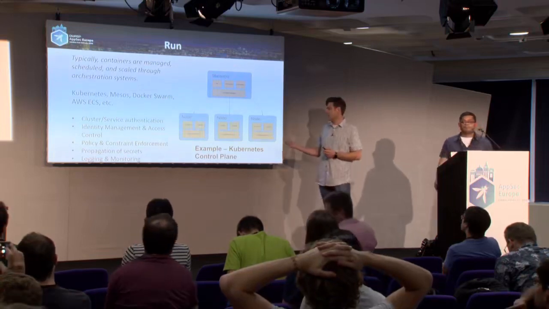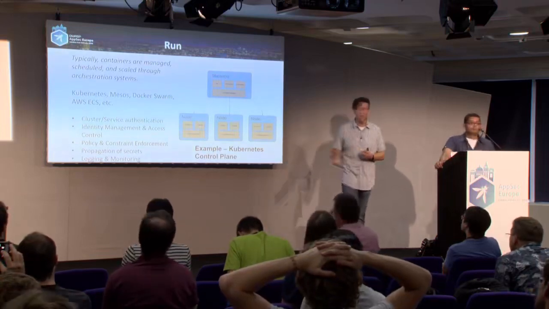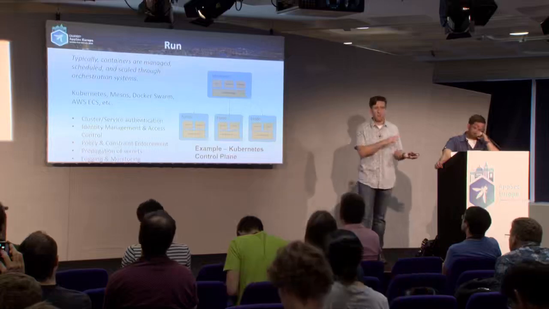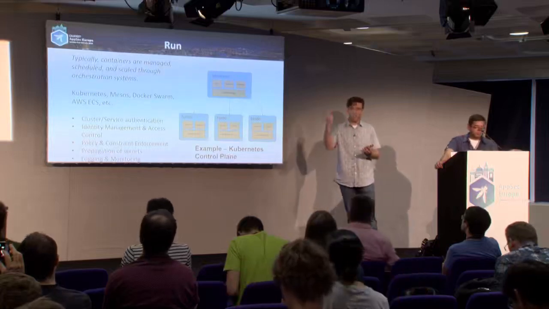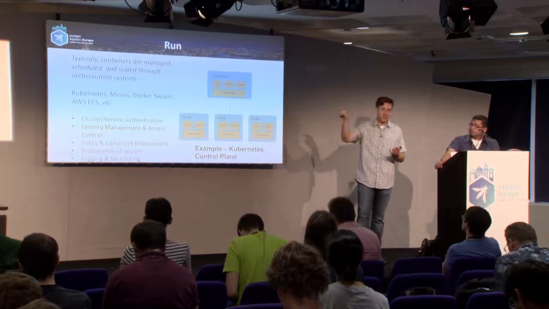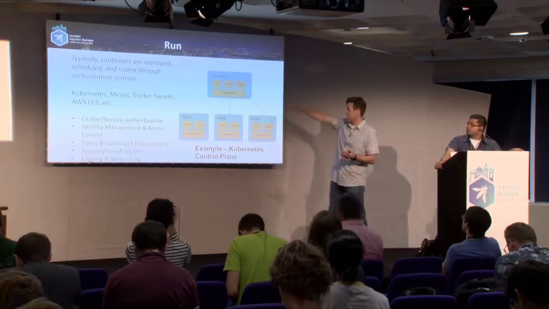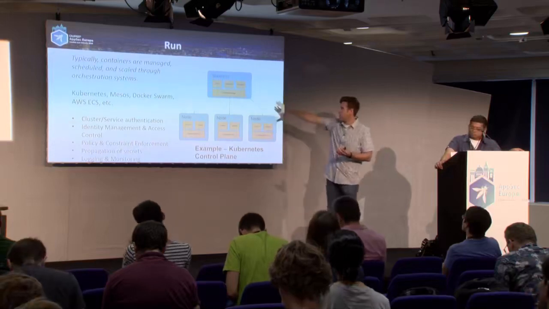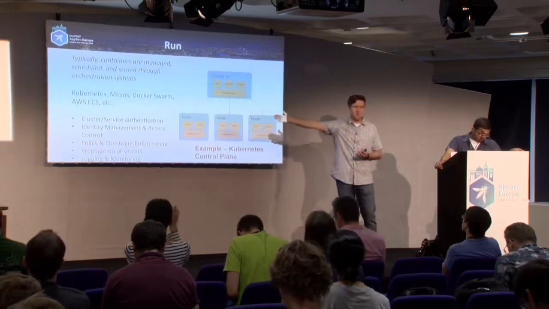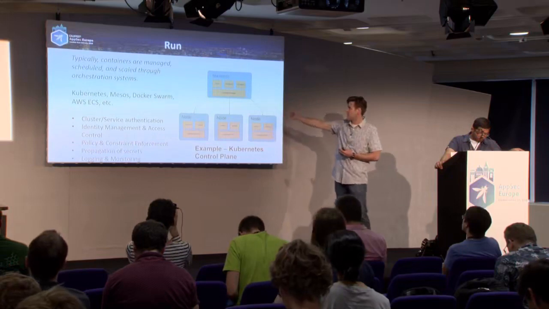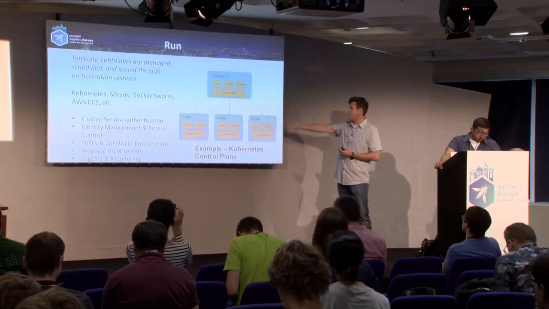Here's an example of the Kubernetes control plane. Our container's gone from our developer's desktop, we've pushed it to version control, we've built the container, it's interacted with our CI/CD pipeline, and now we've shipped the container to our cluster. Here's a really high-level, maybe a little dumbed-down view of Kubernetes. We have masters, and then we have nodes.